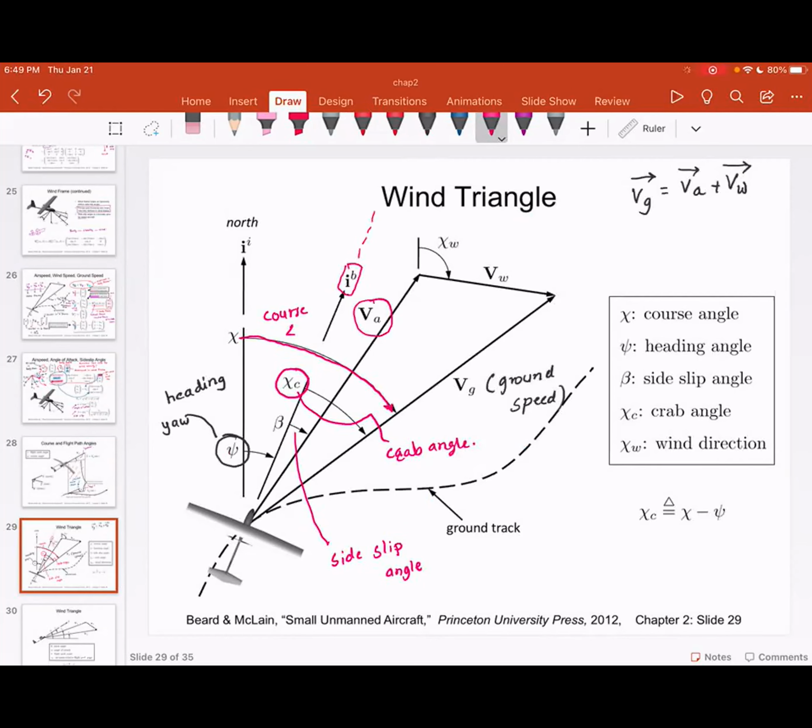And then the heading is the orientation of the aircraft body with respect to the inertial north frame. So this is super important. Please note, this is the inertial frame. This is the body frame. So this is the inertial i, this is the body i.